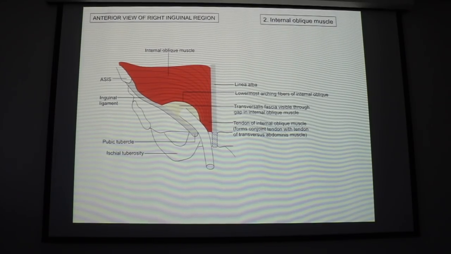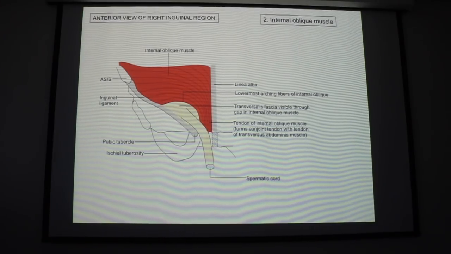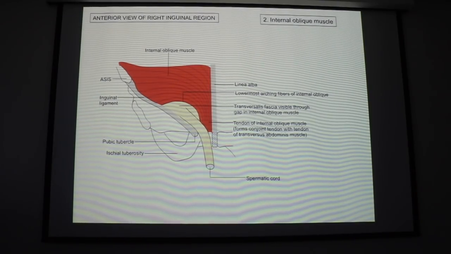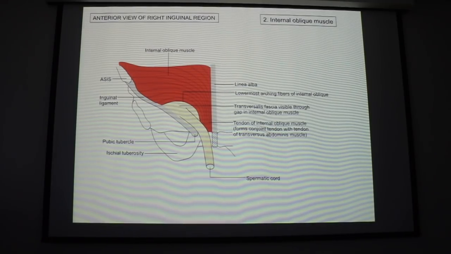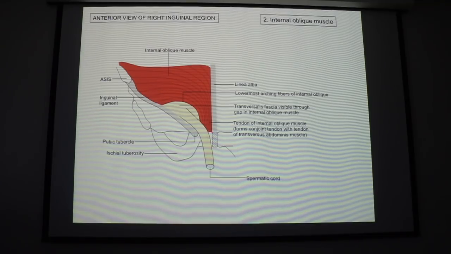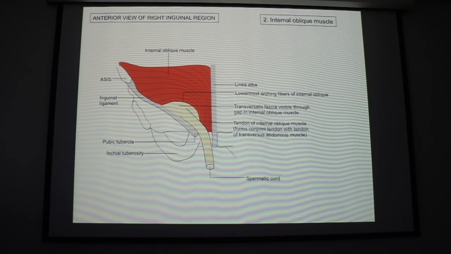Make sense? So, this is my spermatic cord, and you can see that when it passes through the fascia transversalis, it drags a layer of the fascia transversalis. It doesn't pierce the fascia transversalis. It takes a wrap of it along with it. If you take chewing gum and pull it, it doesn't detach. You can see that a part of the chewing gum is coming.